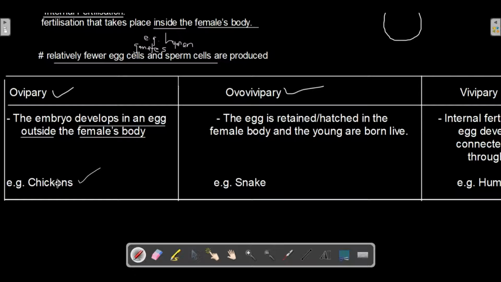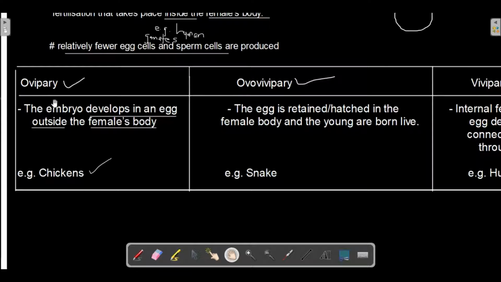They produce eggs which have embryos within them, which will end up being full-grown chickens, but the egg is growing outside the female's body. This strategy is what we call oviparity, so we say these are oviparous organisms.